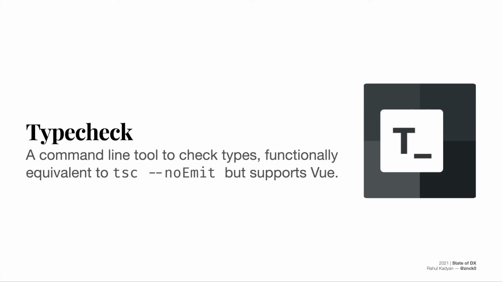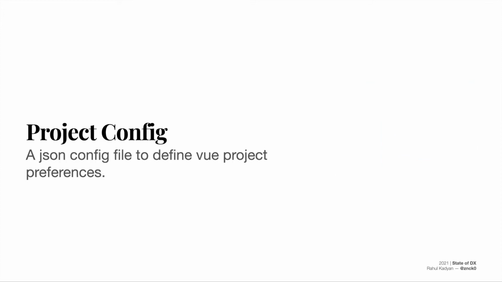Then there is type check. It's basically a wrapper to provide all the features of the VS Code extension in CI. So you can run it from the command line or in your build pipeline. Then there is project config. It's a JSON file that's designed in a similar fashion to how tsconfig works.